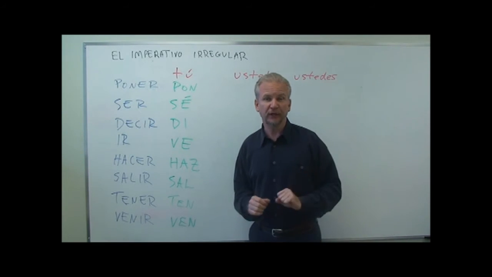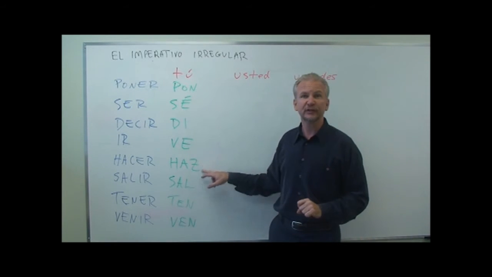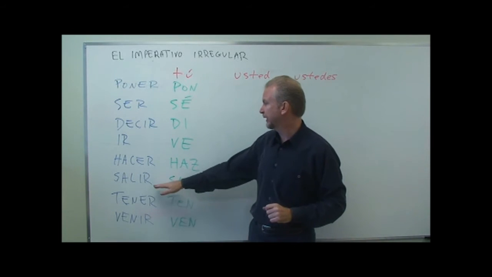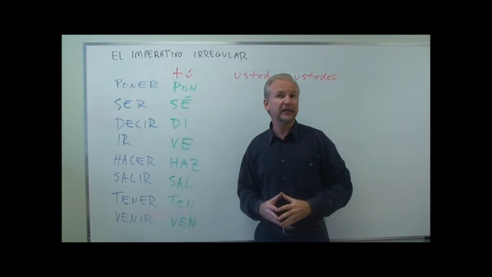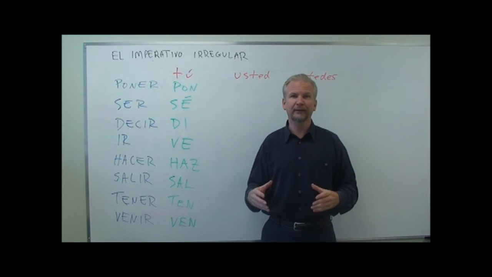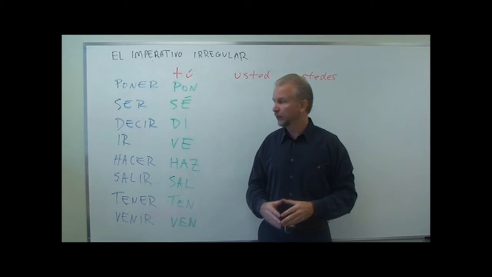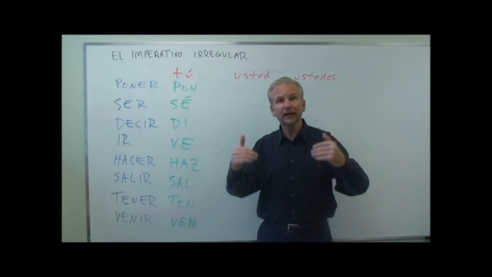Ve a mi oficina. Go to my office. Hacer, haz. Haz tu tarea. Do your homework. Salir, sal. Sal de la clase. Leave or get out of the class. Tener, ten. Ten un libro. Have a book. And venir, ven. Ven aquí. Come here.